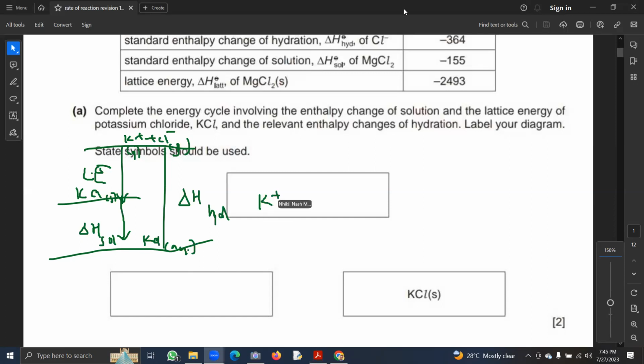When you're filling this, use their notation, not delta H like this. Now we have to put the arrows. These two boxes you can change any way you like. It's your choice.